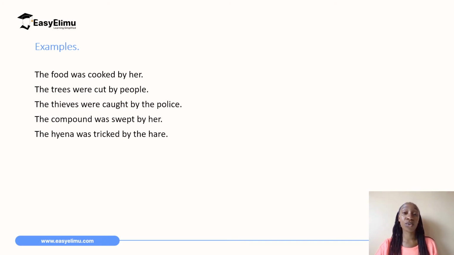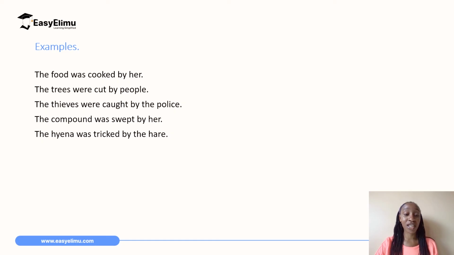The compound was swept by her. The compound is the object. Was swept is the action. By her is the subject. The hyena was tricked by the hare. The hyena is the object.